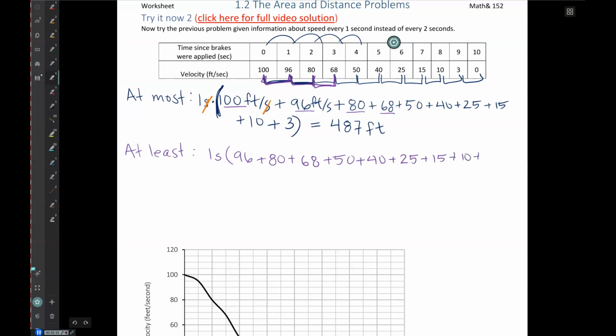Plus 10, plus 3, and then for that last time interval, so the 3 was for 8 to 9 seconds, minimum speed was 3 feet per second, and then from 9 to 10, the minimum speed is 0.